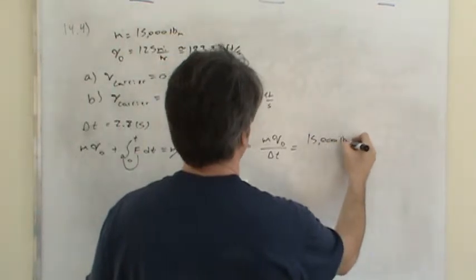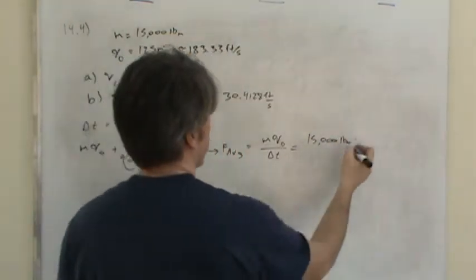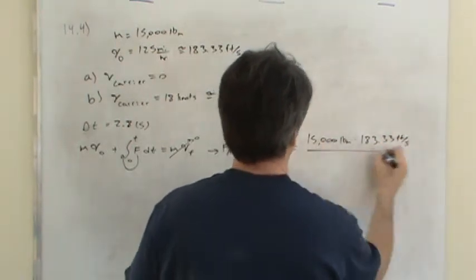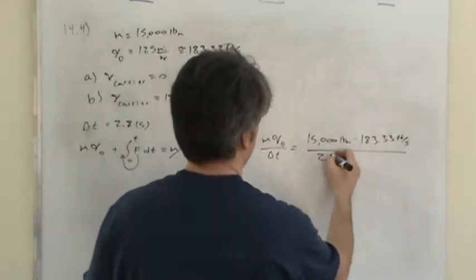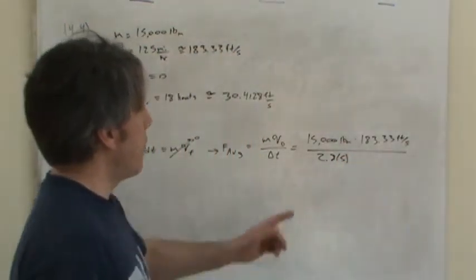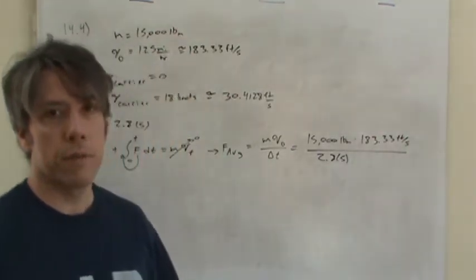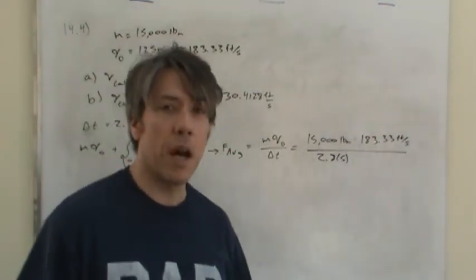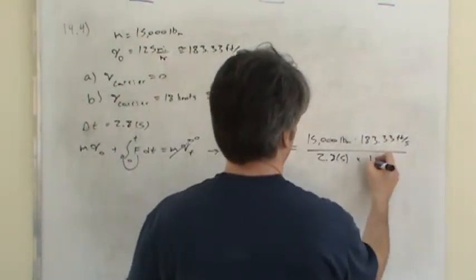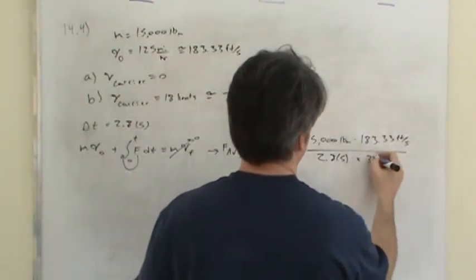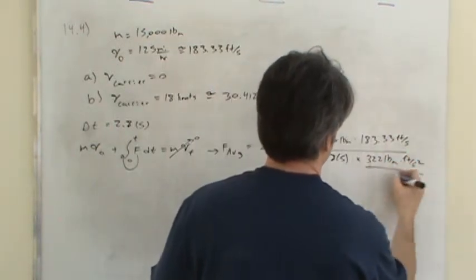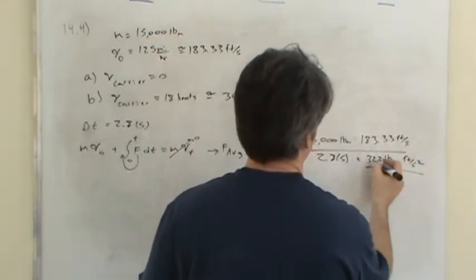So 15,000 pound mass multiplied by an initial velocity of 183.33 feet per second divided by 2.8 seconds. We need a conversion factor because pound mass foot per second squared is a valid unit of force. However, it is not pound force. There's a difference between the two. Let's do it this way. 32.2 pound mass feet per second squared is 1 pound force.